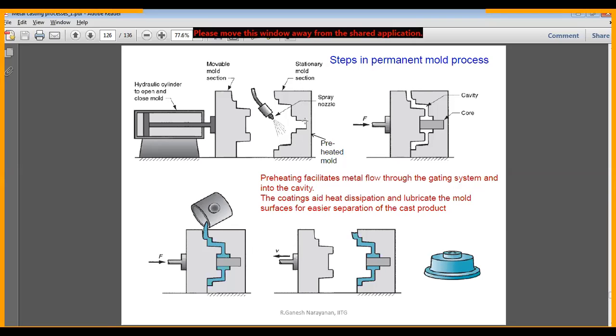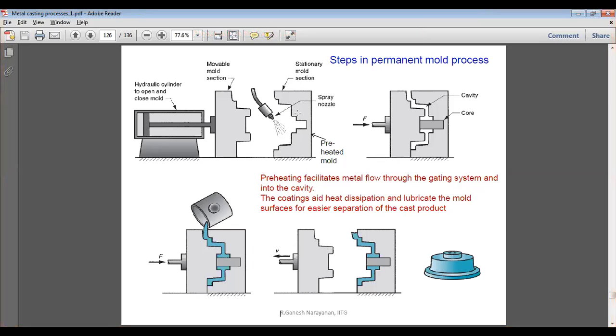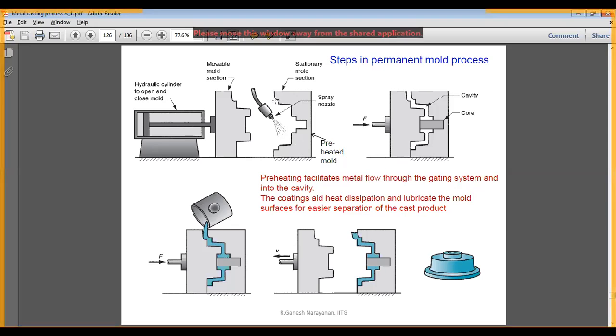So this is the preheated spray nozzle. The spray is done in order to separate the molten metal from the mold. Otherwise, the molten metal will stick to this jaw. So first we spray, and this way we produce a parting line between molten metal and mold. This could be oils or powders, and various powders are used for separating, so that the molten metal does not stick to the mold on solidification.